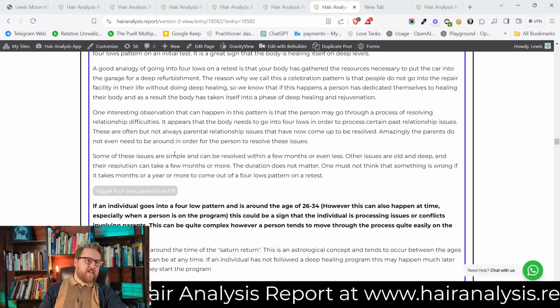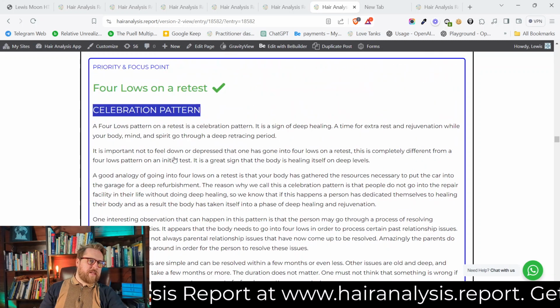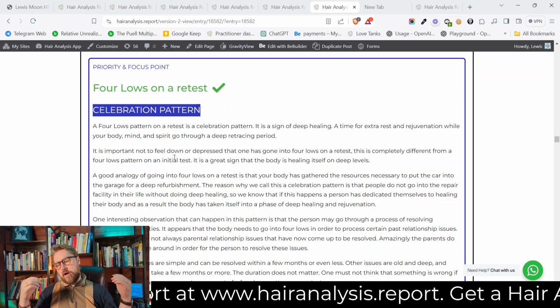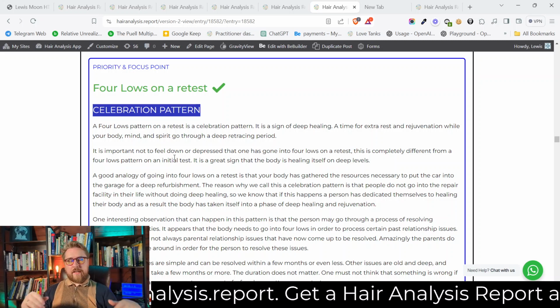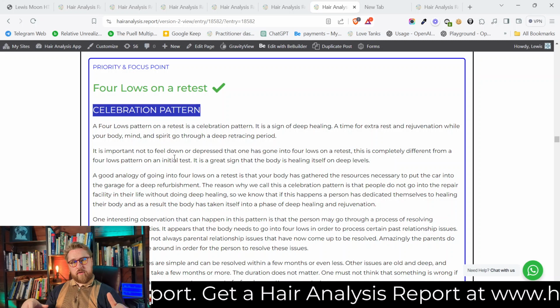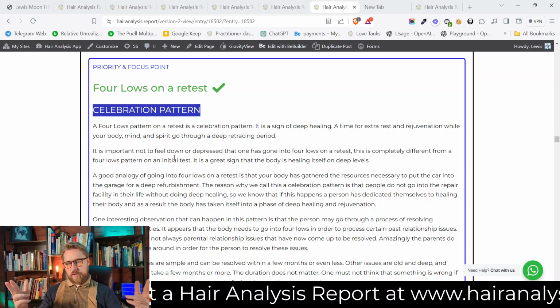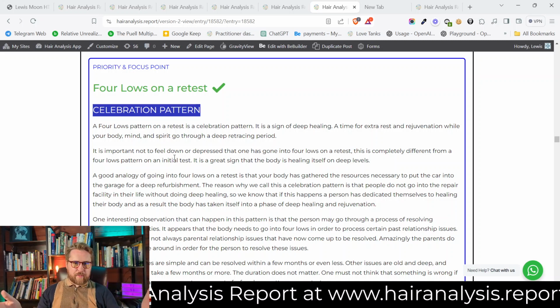So why is this? Basically, if you're on a retest and you've gone into follows from not being in follows, we call that a celebration pattern.